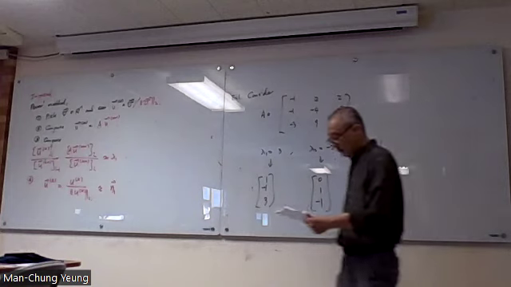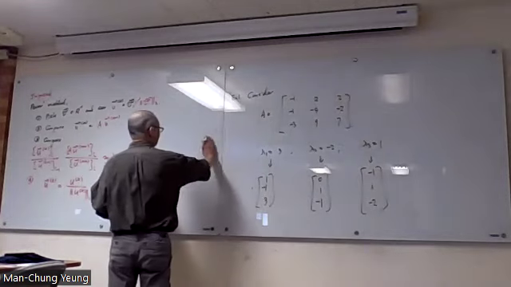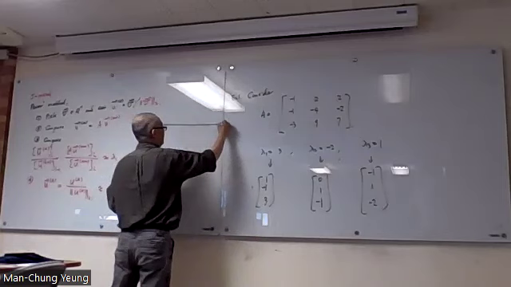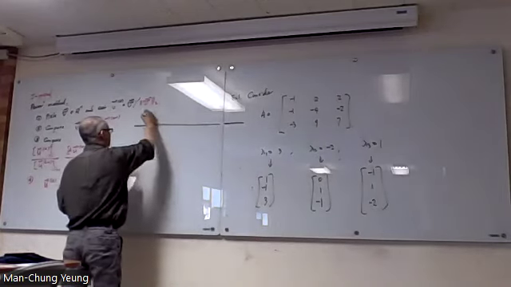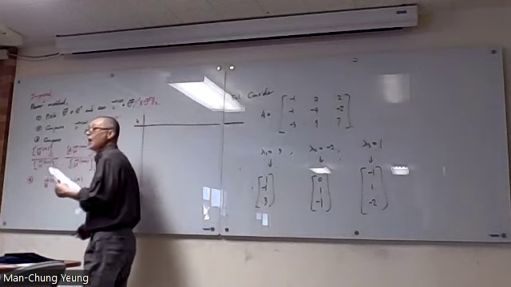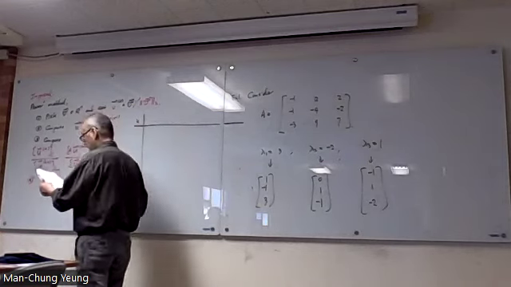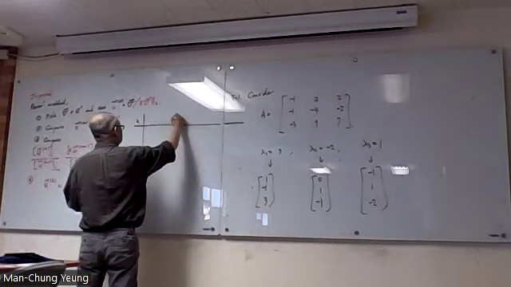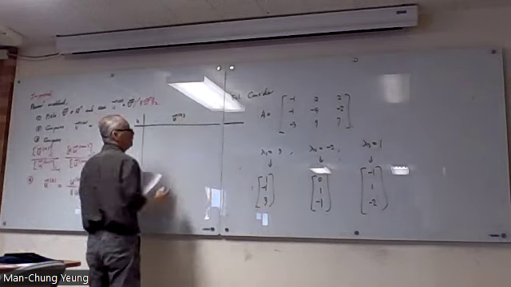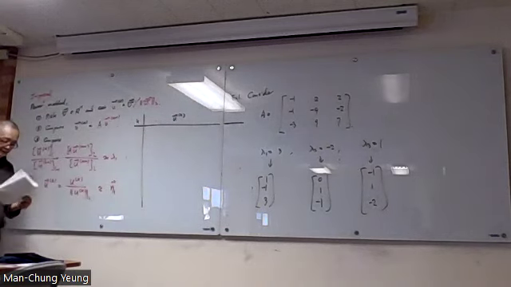Now, make a table. The first column is k, the iteration number. Then u_k.